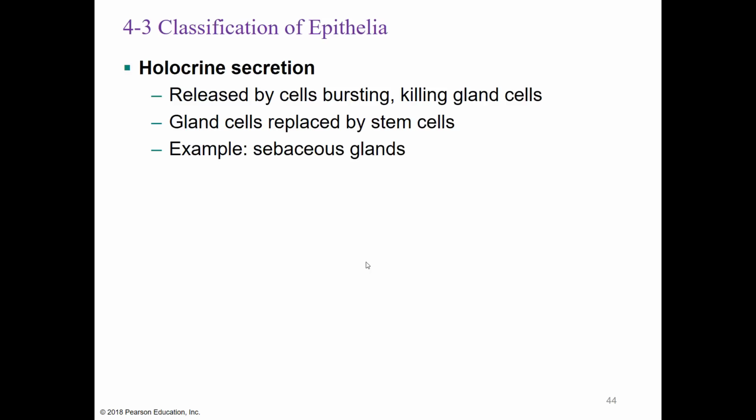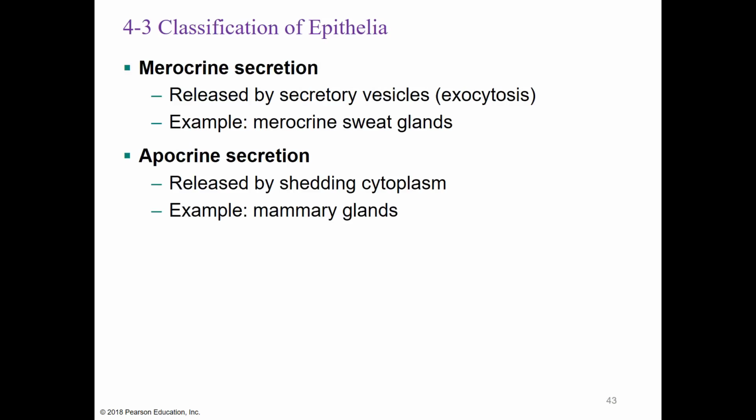Holocrine is the last, and holocrine secretion is released by cells bursting, which kills the cells. The cells will be replaced by stem cells, so they'll make new ones right after these are killed. And an example of this is a sebaceous gland, which is also known as an oil gland.